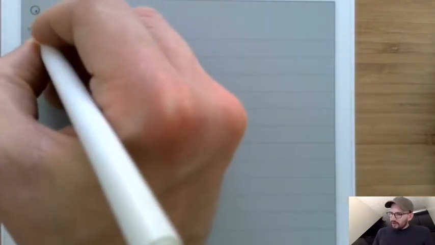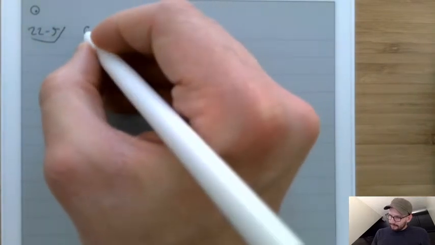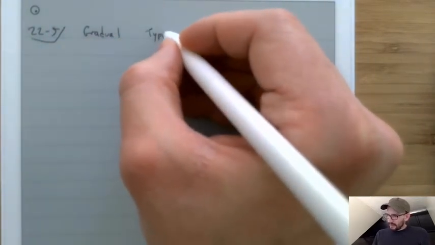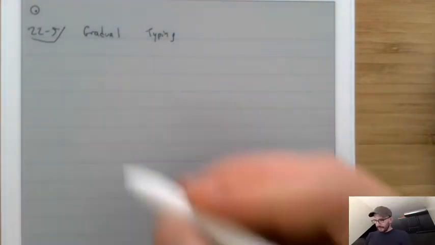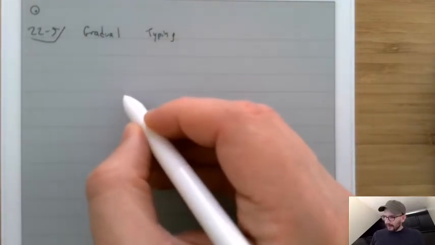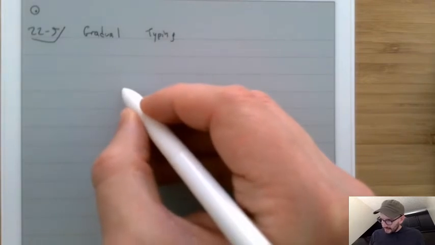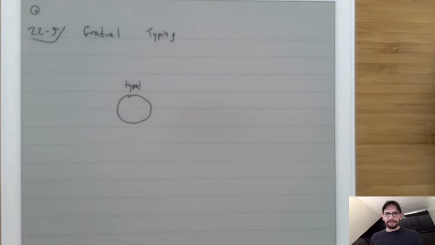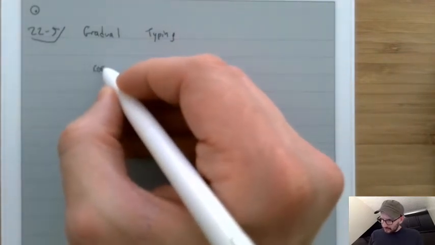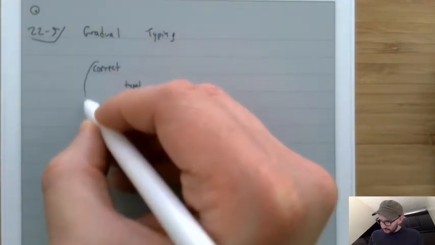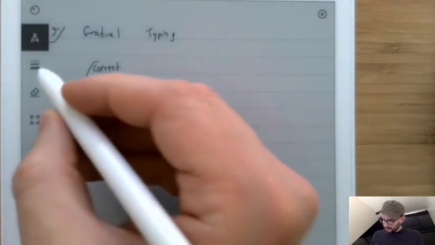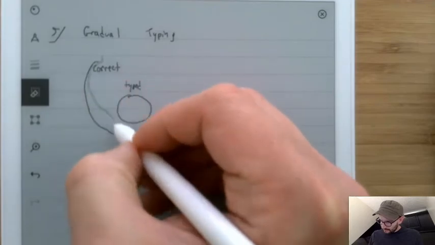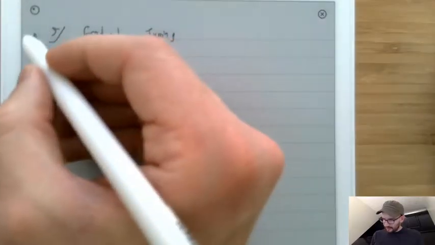So doing that is called gradual typing. The idea of gradual typing is that you have a program that, so here are the typed programs, okay? And here are the correct programs. I put the circle on the wrong side.